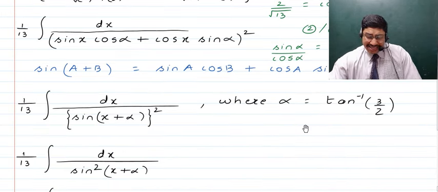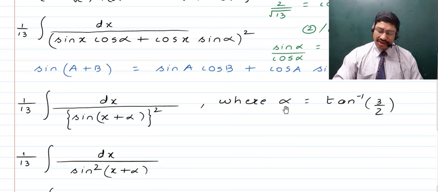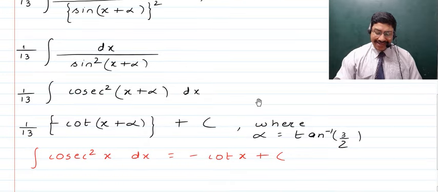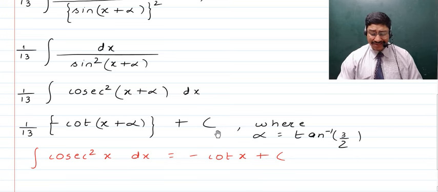This is what we keep writing along, because where has this alpha come from? This can be a question, so we should be ready with the answer. So alpha becomes equal to tan inverse 3 upon 2, which you require to write at the end when writing your answer. So when you have 1 upon 13 times minus cot of x plus alpha plus c, where c is the constant of integration, you will say what alpha is, that is, it's equal to tan inverse of 3 upon 2, right?